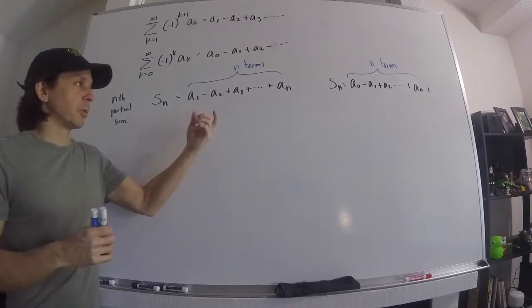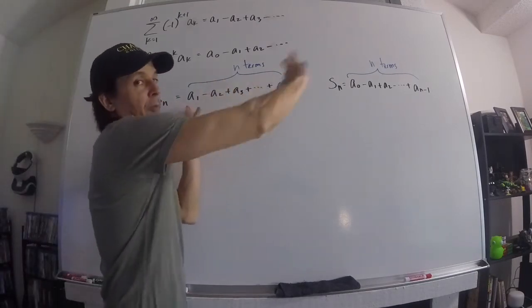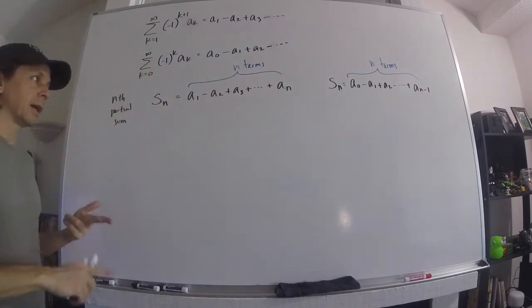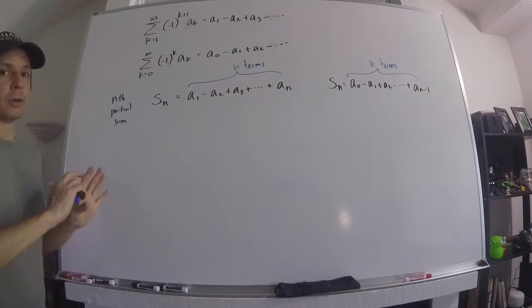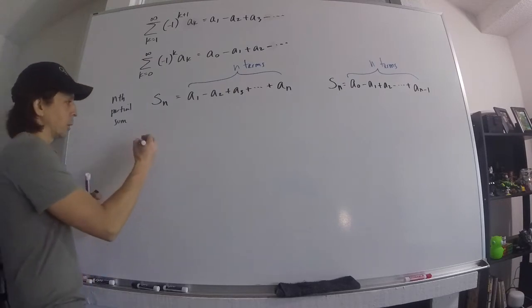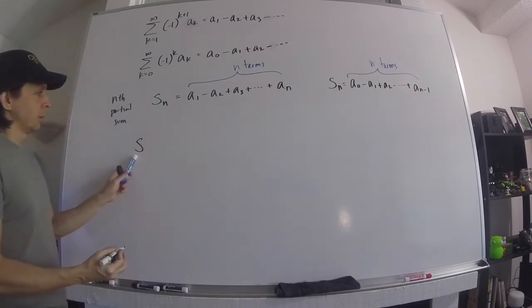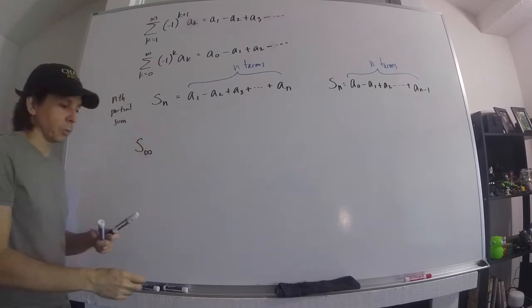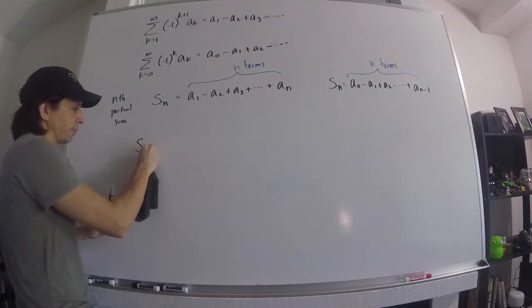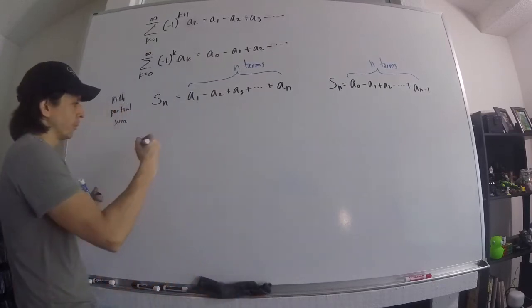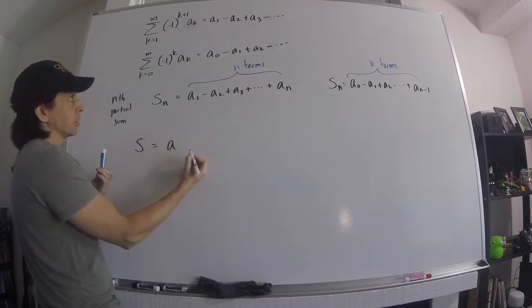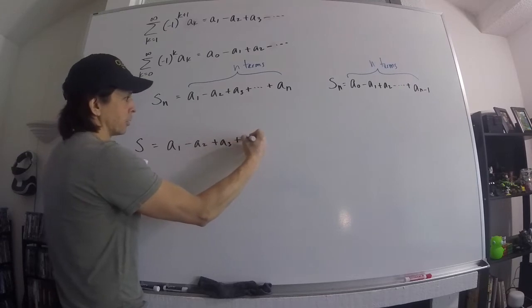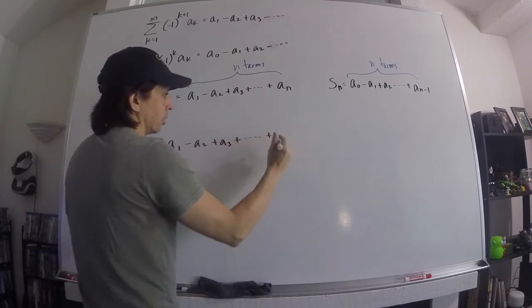The terms get smaller and smaller, so if you do like 8 terms and just chop off the rest, usually you're very close to the actual infinite sum, because a8 plus a9 minus a10 plus a11, they're so small that they're negligible. But S, without a subscript, is the infinite sum. Sometimes they even call it S infinity, but not here. So we'll be using S for the full sum, the infinite sum, the value that the series converges to. It's a1 minus a2 plus a3 plus dot dot dot. Well, it just goes dot dot dot.